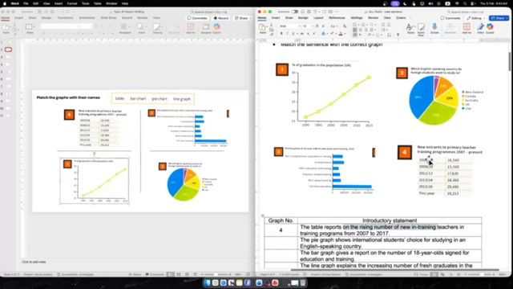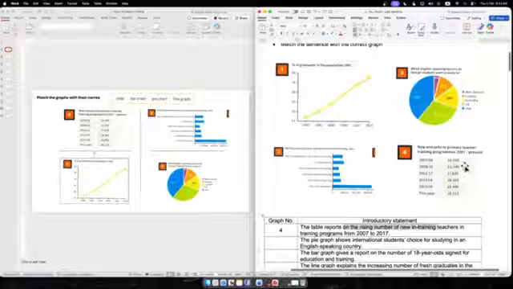So in the table, we have the years on the left column, and the numbers of new teachers each year on the right column. Now, in 2007, we started with 16,500. Then it went down to 15,500, so it went down by 1,000.